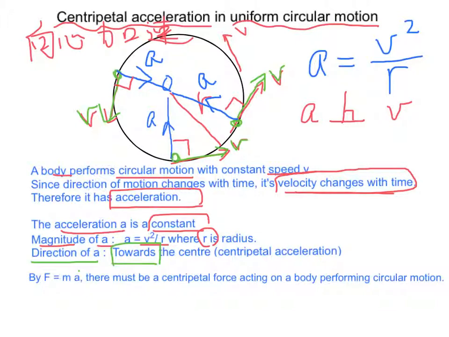Since the acceleration at any moment is always pointing towards the center, we call this kind of acceleration centripetal acceleration, 向心加速, 即係話嗰個加速一定係指住個圓心. To denote centripetal acceleration, we always use the symbol ac.